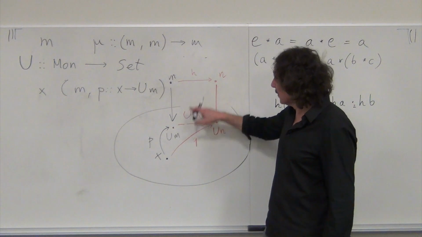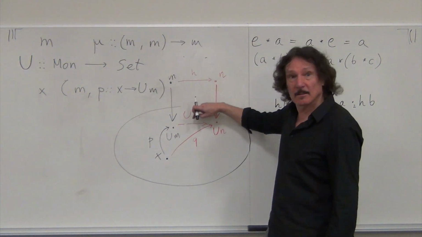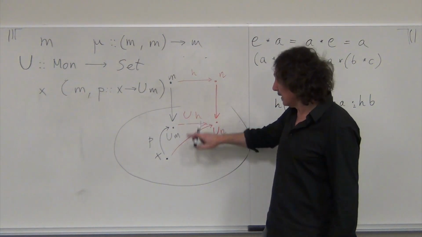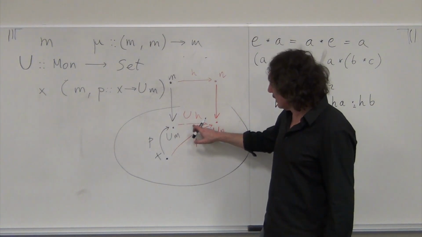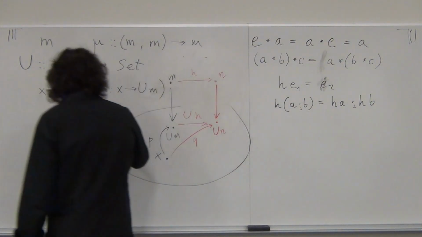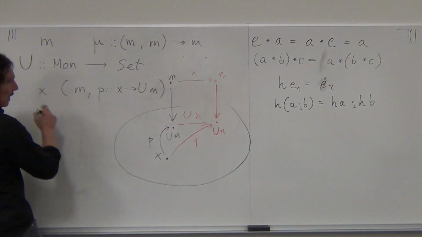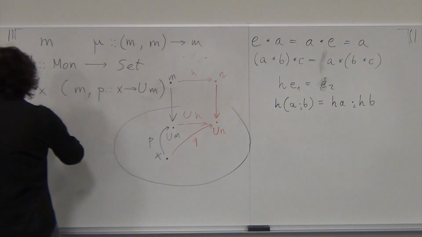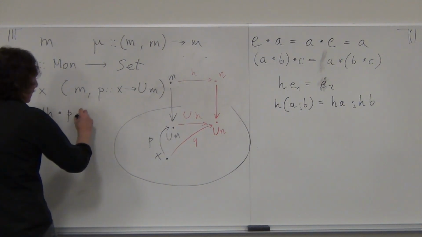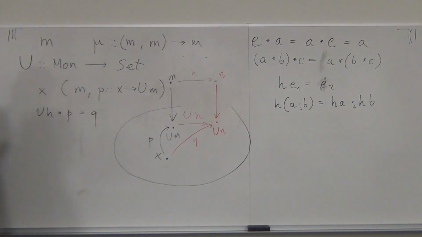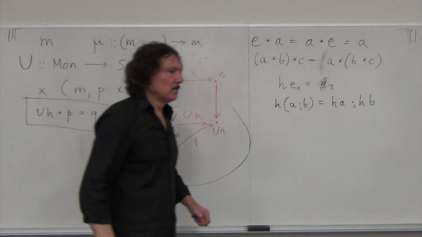And this triangle is formed by dropping H to UH, and then connecting UH after P. So I will write it down: UH after P equals Q. That's the commutation condition.